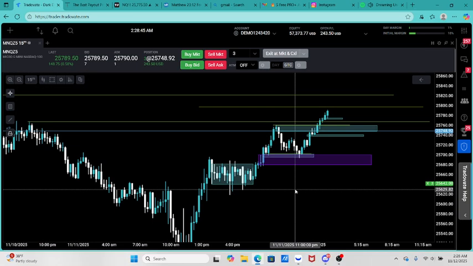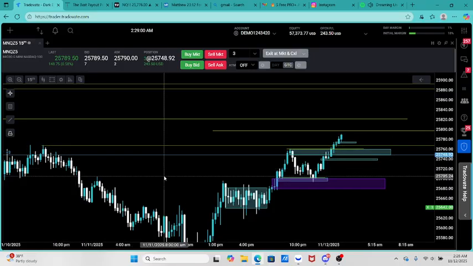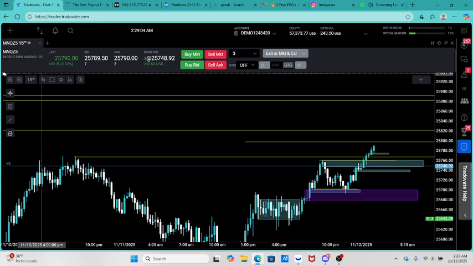And as price took out this high right here, you see there was no rejection. If price wanted to go lower, we would have started to reject, but since it showed no willingness to go lower and just strength all through these levels, that's more confirmation that it has a higher objective.